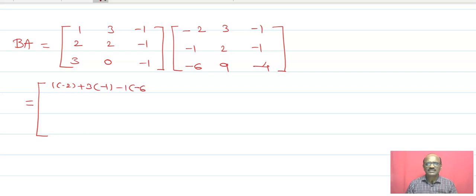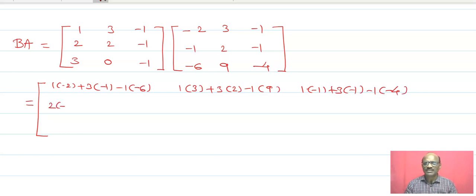Now see this. Now this is the multiplication BA. First row, first column, first row, second column multiplication is carried out, and first row, third column corresponding elements multiplication. Now see this, how I had multiplied it.